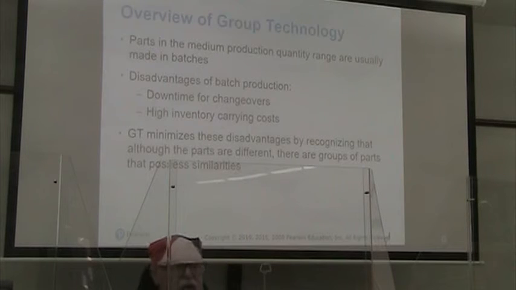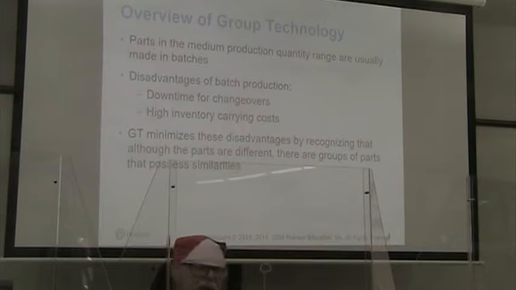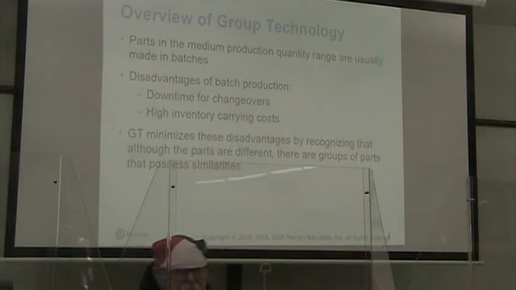Of course, in lean production, we discuss having single-minute exchange of die events to reduce changeover time so that we don't carry a high inventory. Group technology is supposed to minimize these disadvantages by recognizing that although the parts are different, there are groups of parts that have similarities.